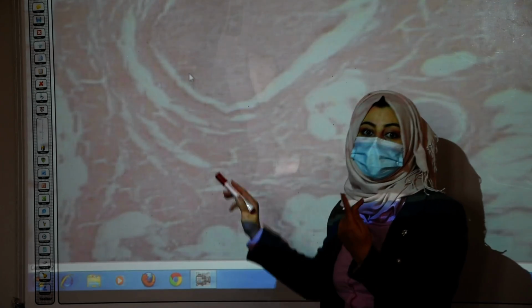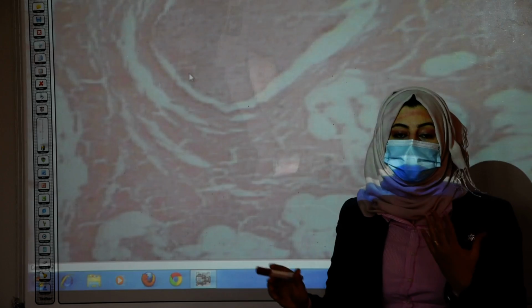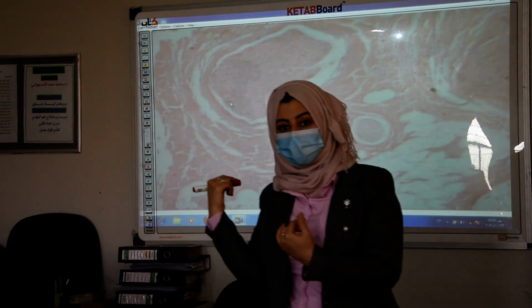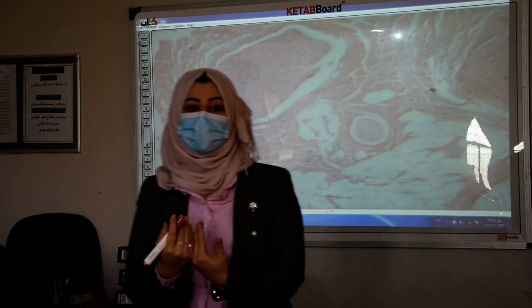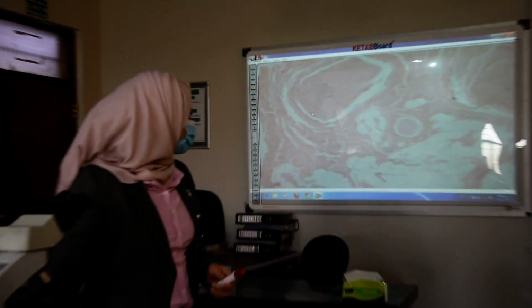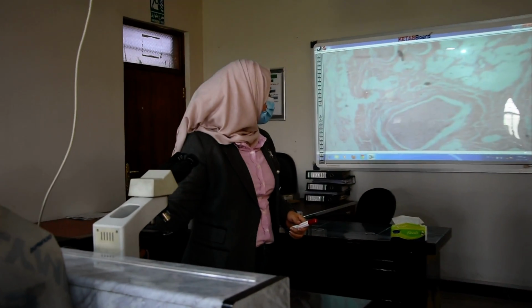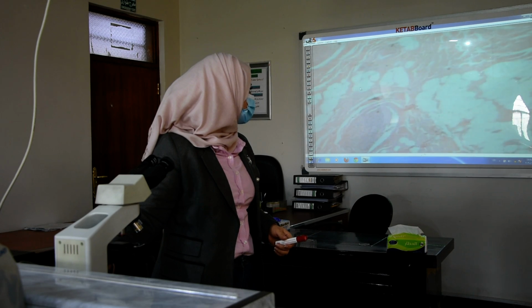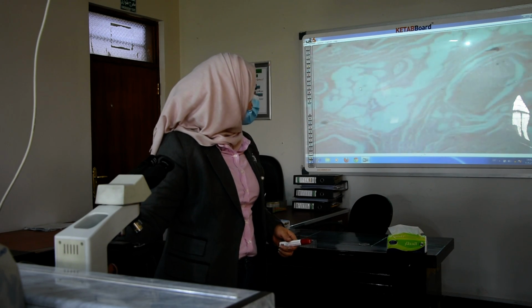Endoneurium is a loose connective tissue with reticular fibers that is released from Schwann cells. We previously talked about the peripheral nervous system, where it's surrounded by Schwann cells. And this slide shows us the transverse section, or cross section, of the nerve.